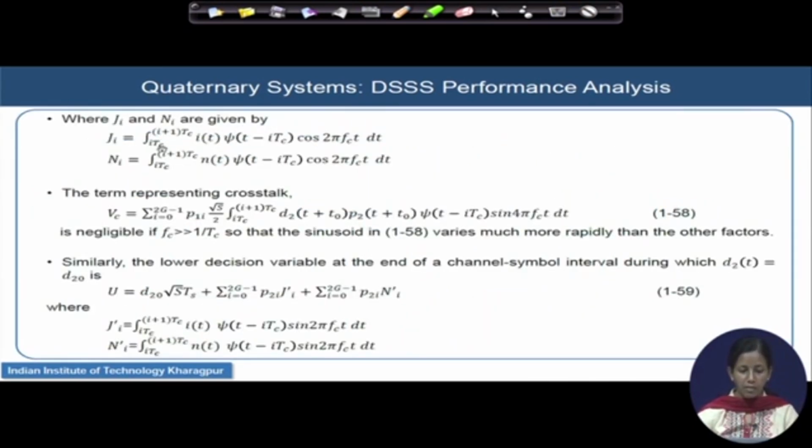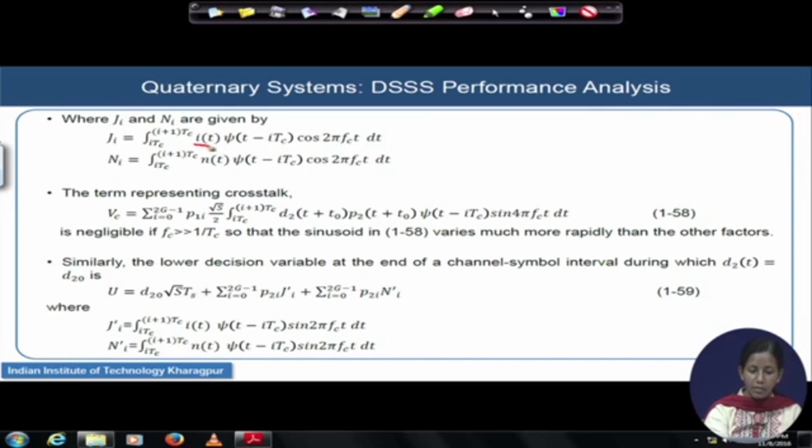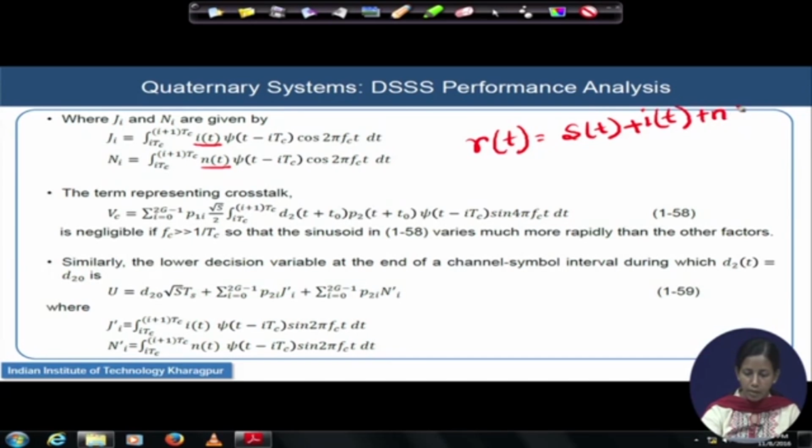We have seen both of these expressions several times in the previous module, where I(t) is the jamming signal, n(t) is the noise, and like the earlier modules, r(t) has the signal model s(t) plus I(t) plus n(t), and inside Z_I the corresponding terms are S_I plus J_I plus N_I.